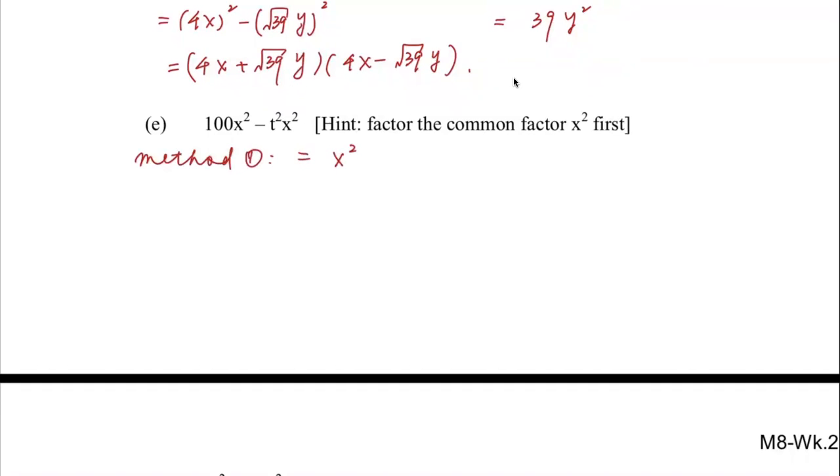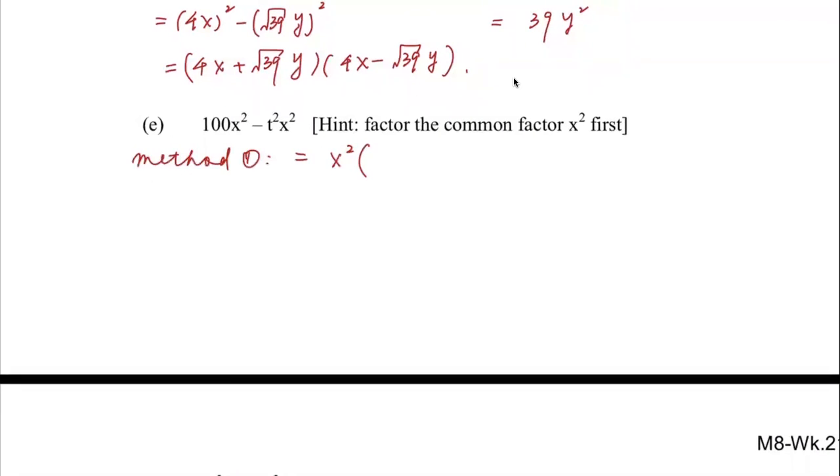X squared, and whatever is left in the brackets will be 100 minus t squared, right? Okay, so now we have x squared, and we can write 100 as 10 squared.